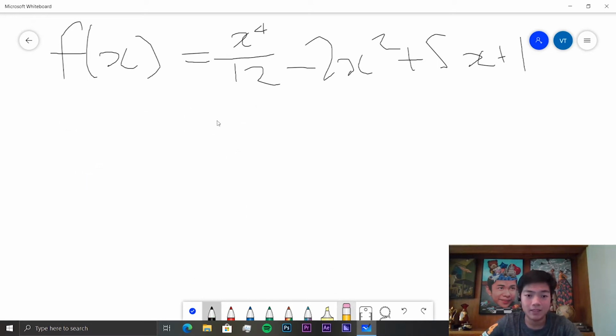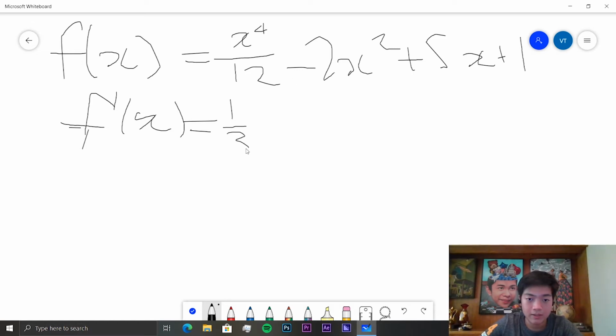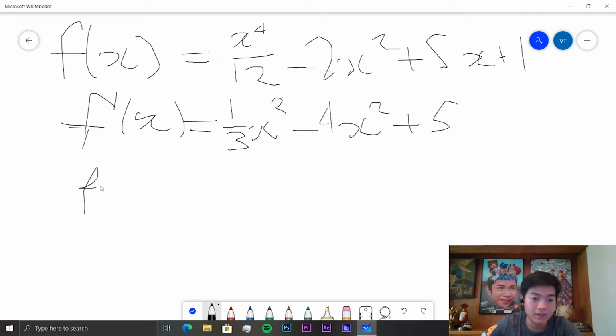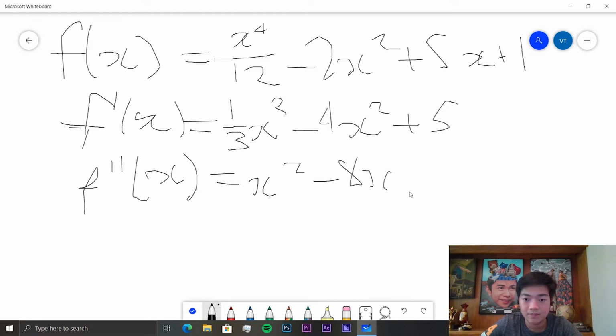If we get the second derivative of this function, the first derivative will be equal to 1/3 x cubed minus 4x plus 5, and the second derivative will be equal to x squared minus 4.